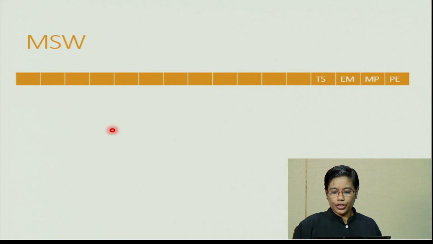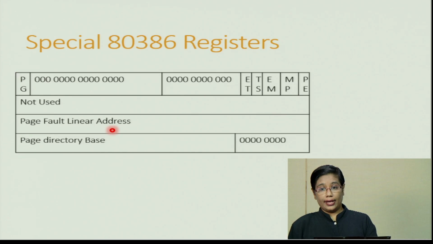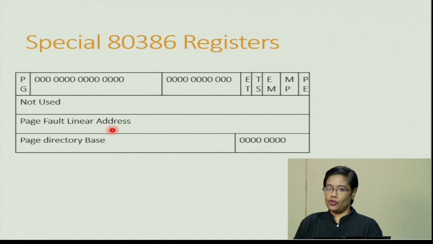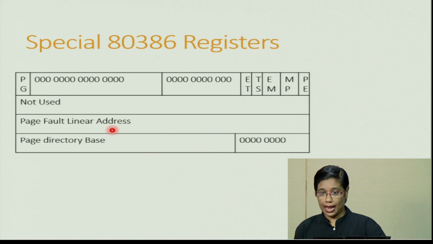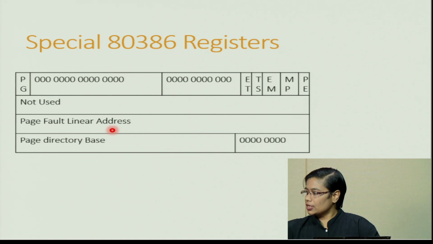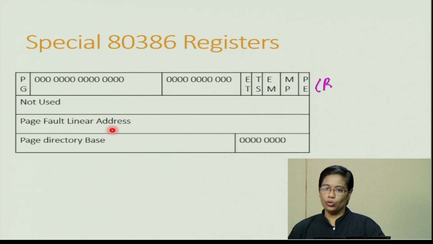Now in the case of 80386, there are 4 special registers which are used for the concept of virtual memory. 80386 implements virtual memory in terms of segmentation and paging. So these registers are CR0 to CR3.